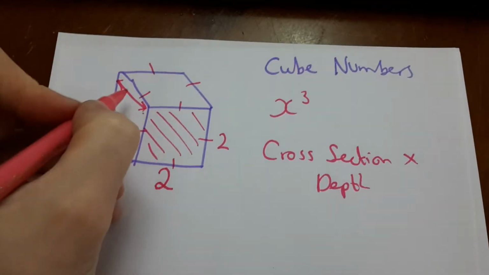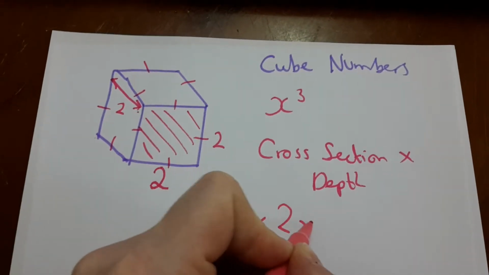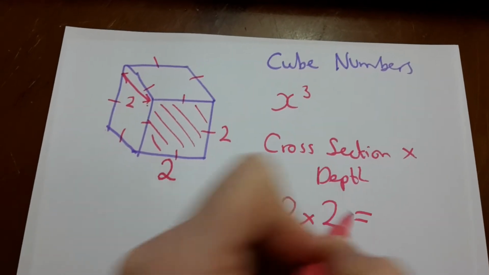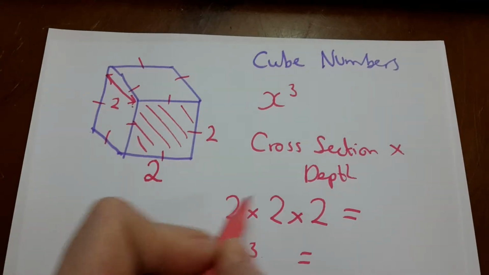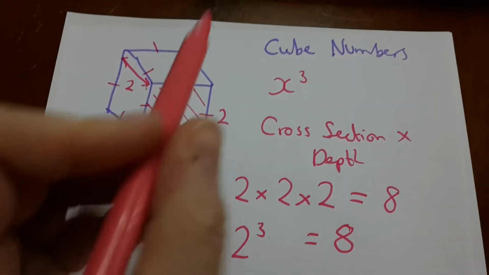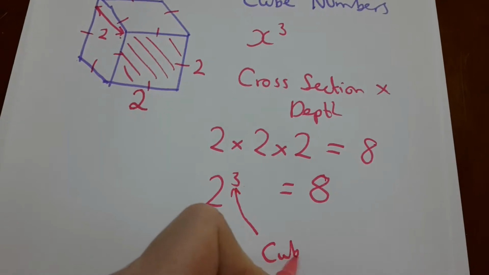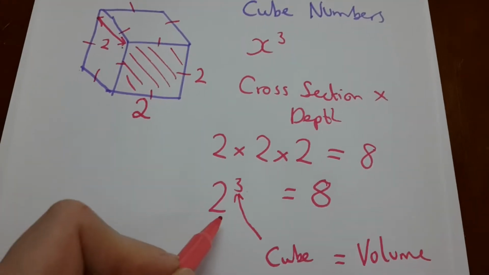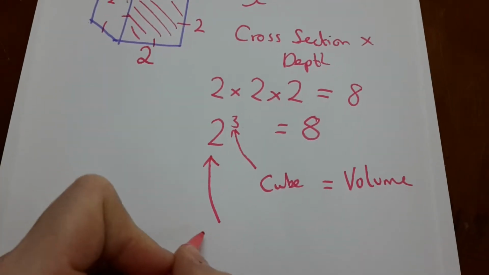So what I'm going to do here is work out the cross section by 2 times 2, which will give me this, and then I'm going times by the depth, which is also 2. Now this would be 2 to the power of 3, which would be 2 times 2, which is 4, times 2, which is 8. And that's why anything to the power of 3 is called a cube, because it gives you the volume of a cube with a side length of the base you're given.